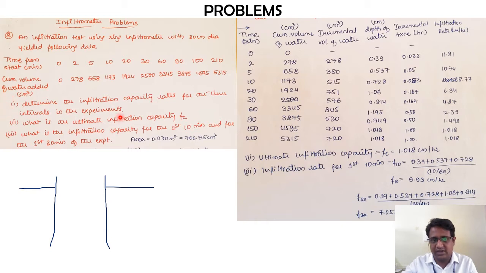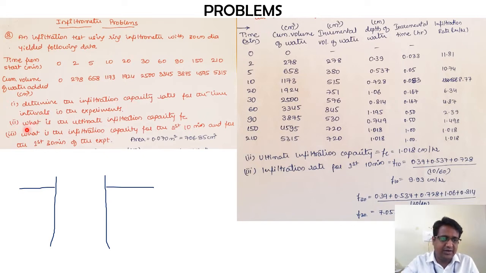I hope now you can realize the difference between the infiltration indices and this Horton curve, or what we call the experimental infiltrometer, because here you can get the infiltration rate for any specific time, whereas with infiltration indices, that is phi and W index, we get the average infiltration throughout that particular rainfall. So that is the major difference.